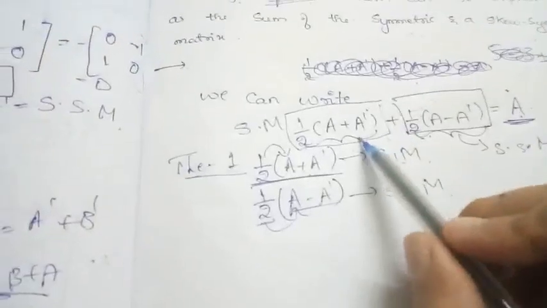This is what they have explained in the theorem, written in verbal manner. I have shown it to you in this way, expressed as the sum of a symmetric and a skew symmetric matrix.